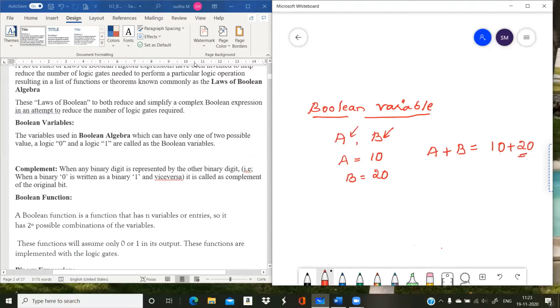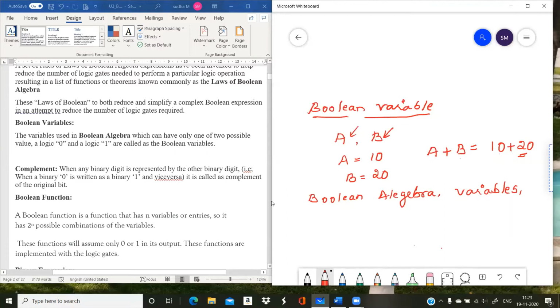In the same way, to perform Boolean mathematics, or Boolean algebra, we need some variables to represent the bits.